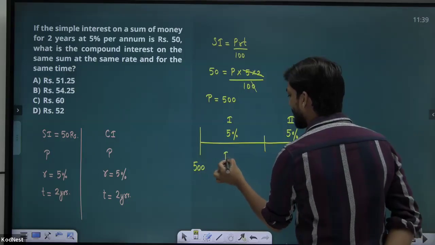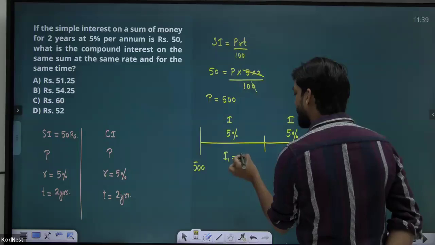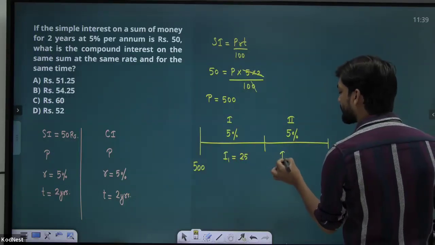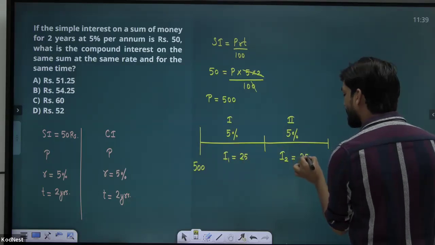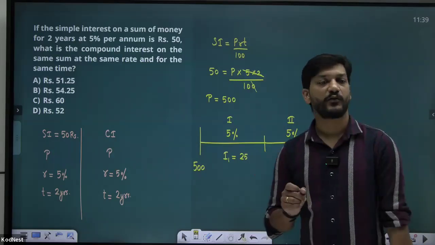First year, you will get 5%. 5% is 10% divided by 2. 10% is 50, so 5% is half of 50. Second year, 5% of the principal will be the same, 25. Now 5% of this. 10% of 25, how much?